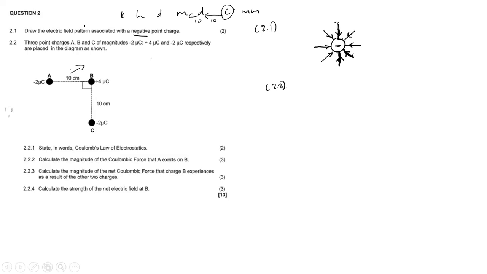So 10 divided by 100 is gonna be 0.1. So here we have 0.1 meters, and here we're also gonna have 0.1 meters. That's the first thing that I start with. And then here I know it's 10 times 10 to the power -6.